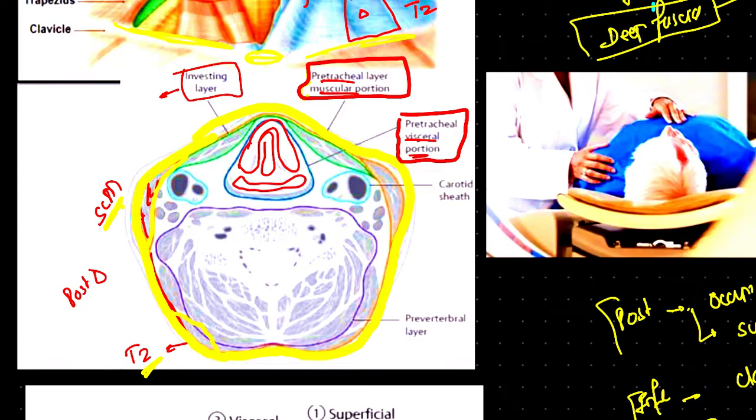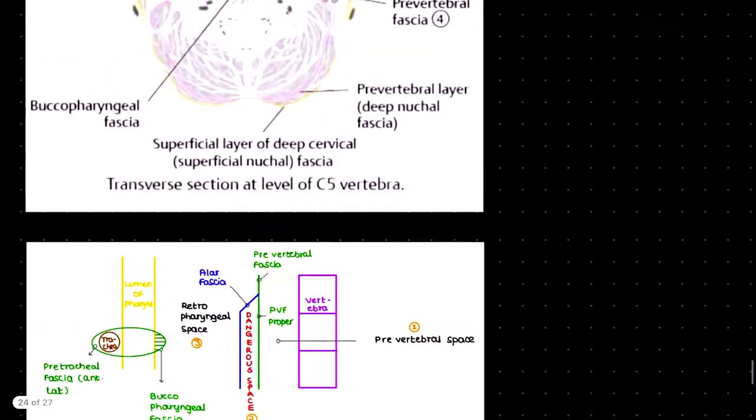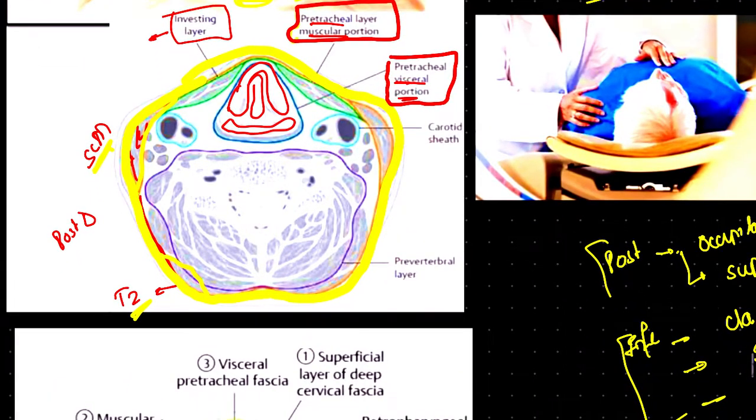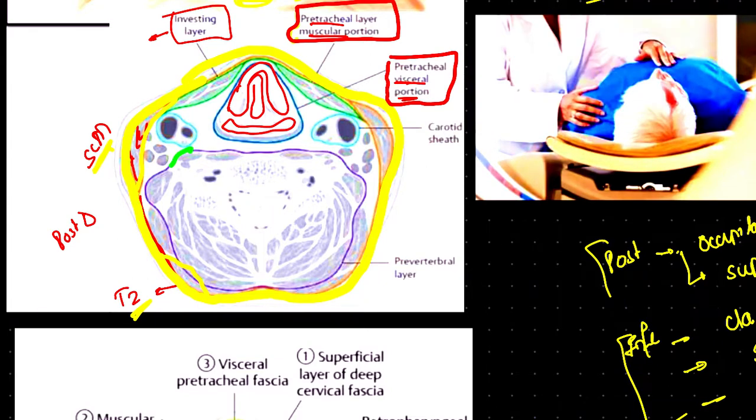Now moving further, what we have is this one. Obviously, the last remaining one is our pre-vertebral layer. Now why is it called pre-vertebral layer?